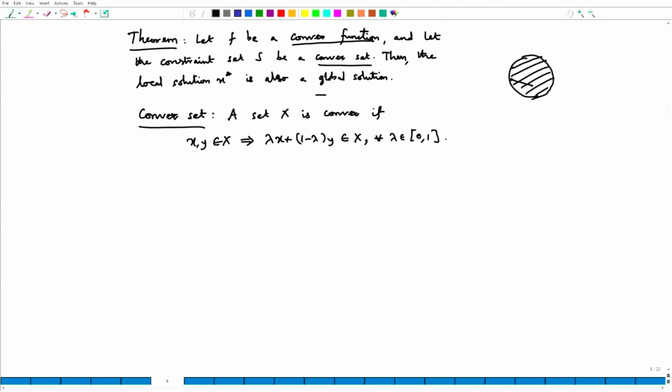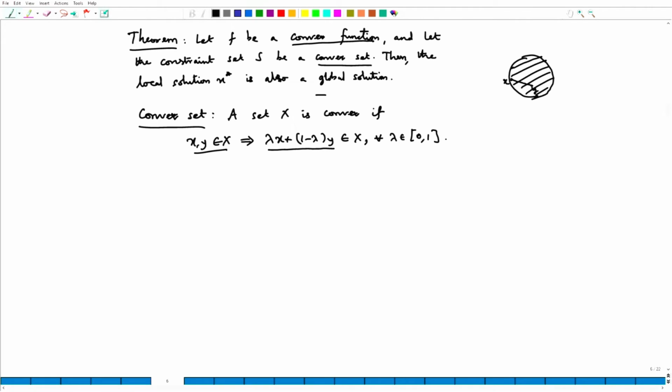So, take any 2 points. Let us say this is the point x and this is the point y. So, when you take any 2 points x comma y in capital X, then lambda x plus 1 minus lambda into y actually represents the points on the line segment joining x comma y.